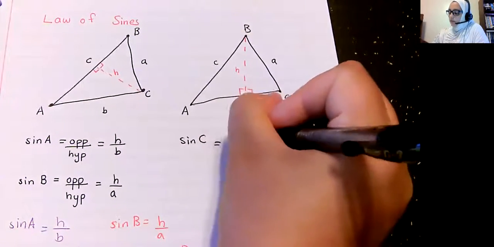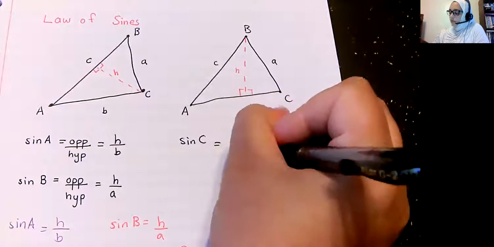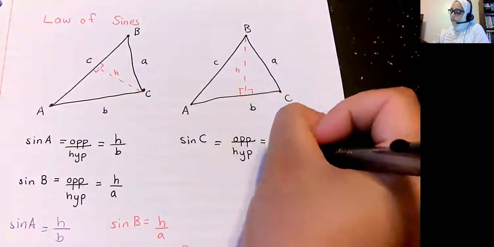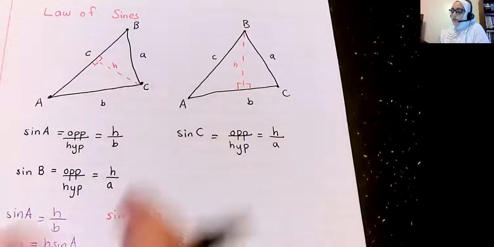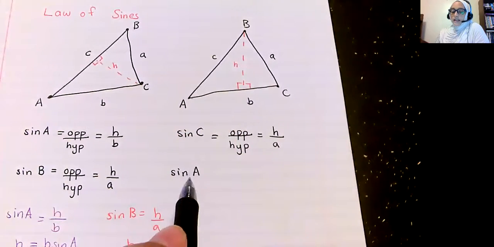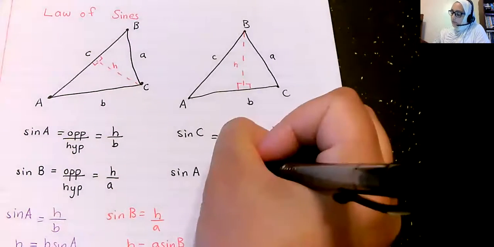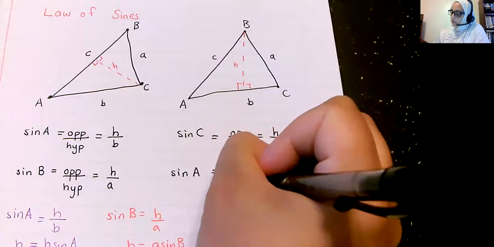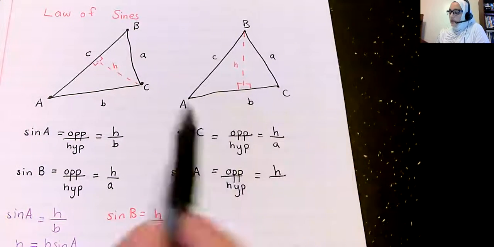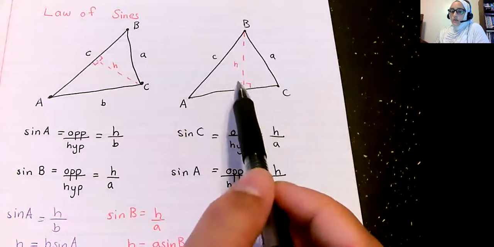That's going to be H, and our hypotenuse again, in this case, is A. With our other triangle, we're going to have angle A. So we're going to set up the same exact thing, but it's sine A instead of sine C. It's not going to be the same thing as over here, right? Because we cut it differently. So when we're working here, our hypotenuse is going to be C.